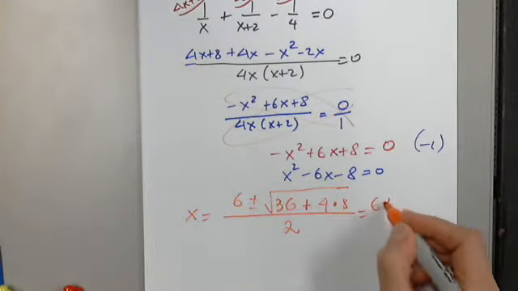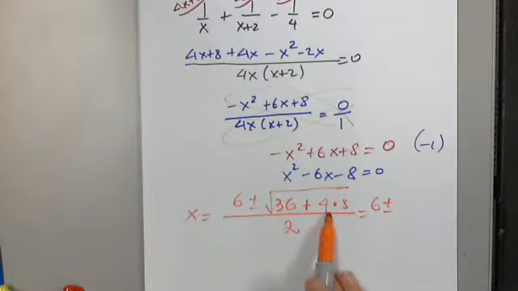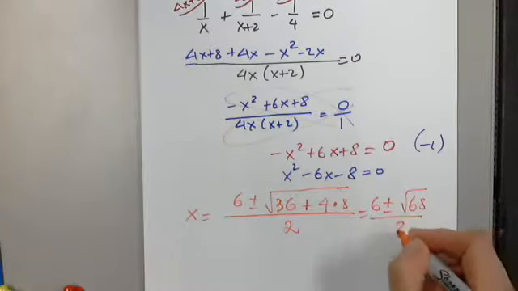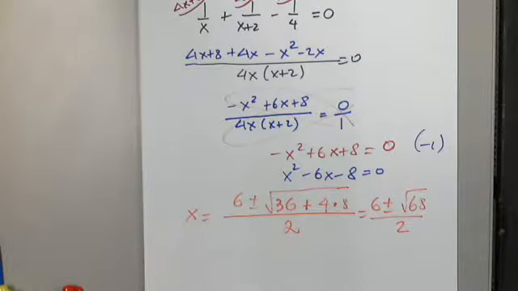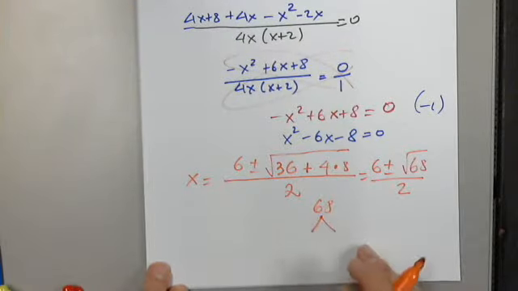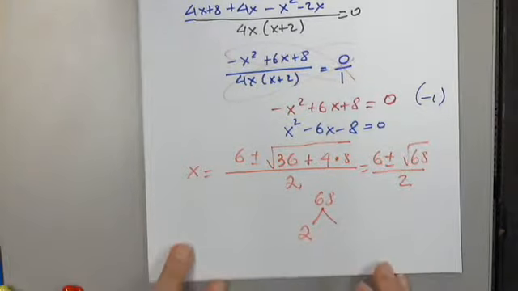So now this is 6 plus or minus 36, 40, and 4 times 8, 32. 36 plus 32, 68. Good. I take 68 aside and see what this means. It's an even number. I have to start with 2.